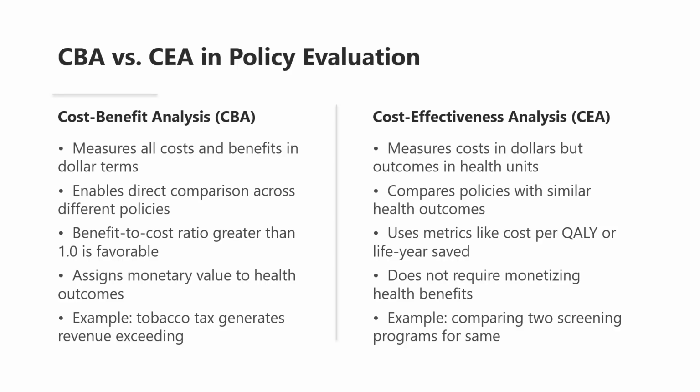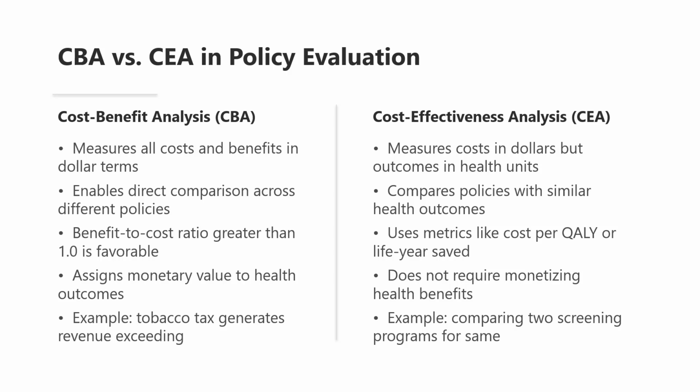CEA tells you the cost per unit of health outcome. For instance, screening program A costs $50,000 per QALY gained, while screening program B costs $30,000 per QALY gained. Program B is more cost effective.